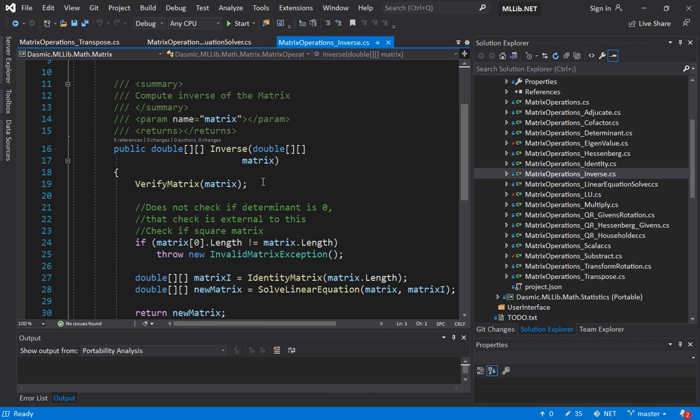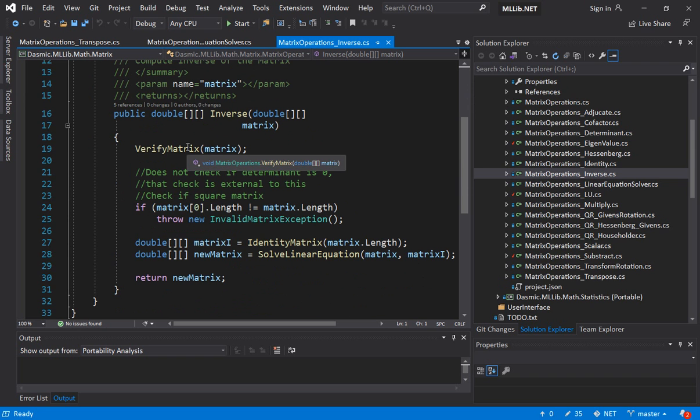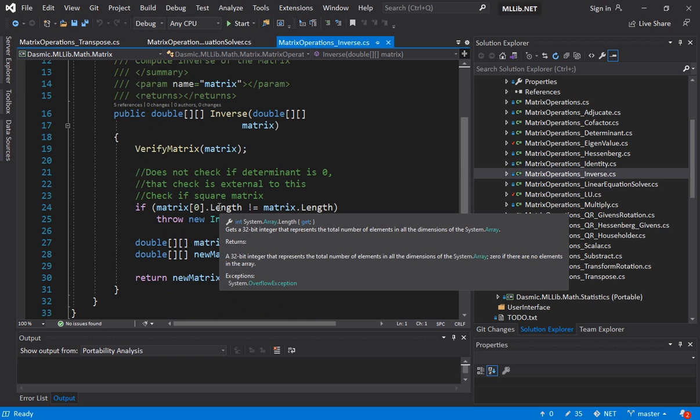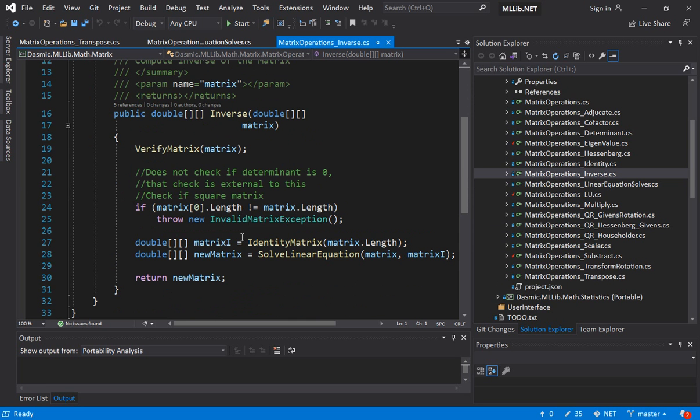So here we do some basic conversions and verify the matrix. This is a basic function that checks if the matrix is in the correct form. Here we also check matrix 0.len, basically checking if it's a square matrix or not, and then we compute the identity matrix.